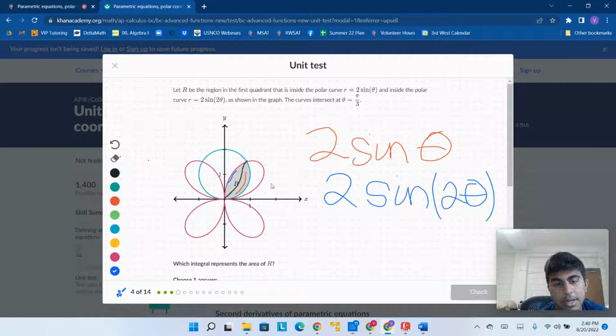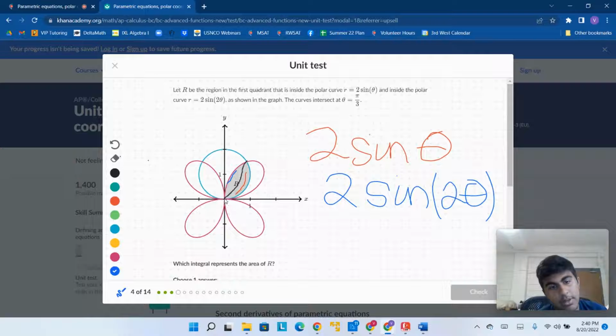So I can do 2 sine theta from 0 to pi over 3. And I can do 2 sine 2 theta starting from pi over 3, right here, and it keeps going down until you get to pi over 2.